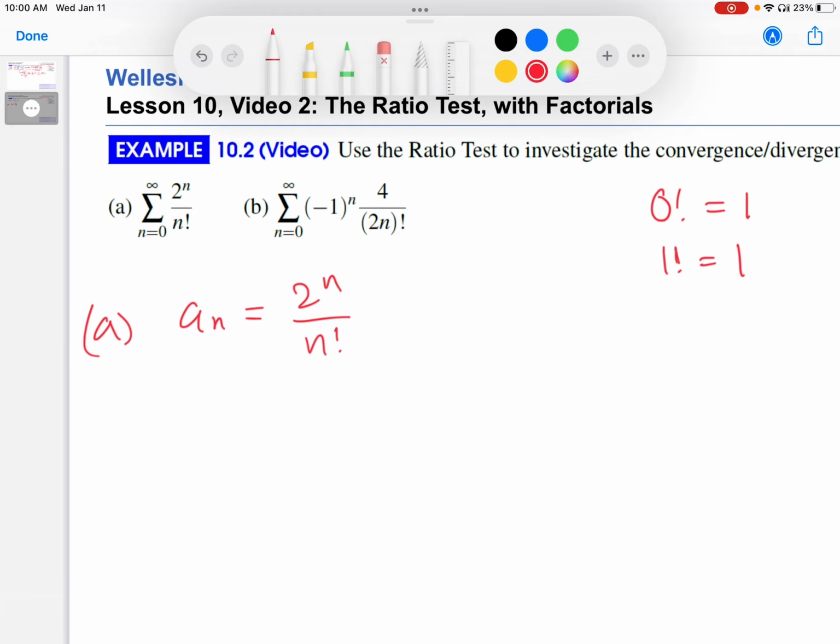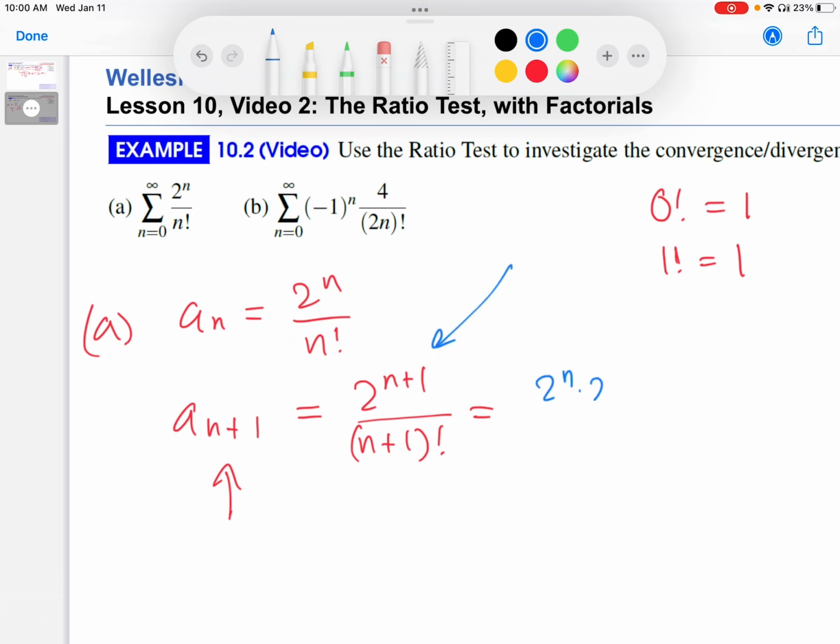All right, we have our a sub n here. It does not have any terms that are 0. I'm next going to write down a sub n plus 1. So everywhere I see an n, I'm going to put an n plus 1. And notice already for our later benefit that there are things we can simplify here, so we're going to do that simplification right now. 2 to the n plus 1 is 2 to the n times 2 to the first, right?